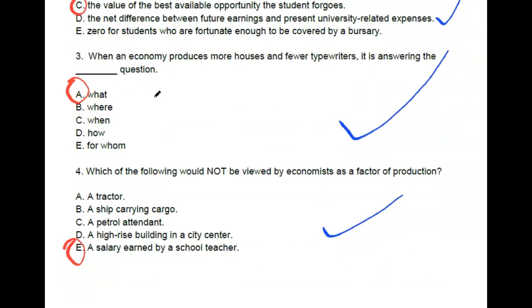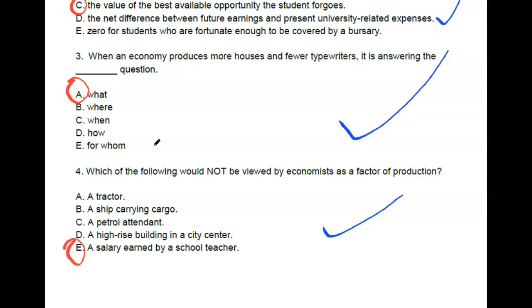Number 3. When an economy produces more houses and fewer typewriters, what question is it answering? Now, there's 3 economic questions. It is what to produce, how to produce, for whom. Some people will say for whom, but anytime they ask you about what type of person, okay, so you know when you produce a product, you're going to give it to a consumer. Will this consumer be rich or poor?